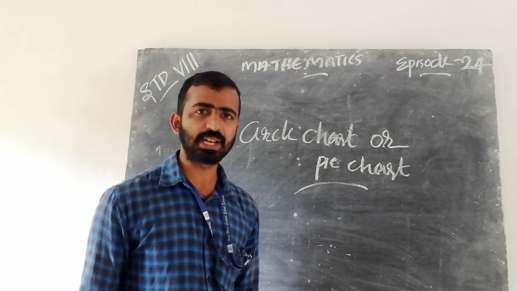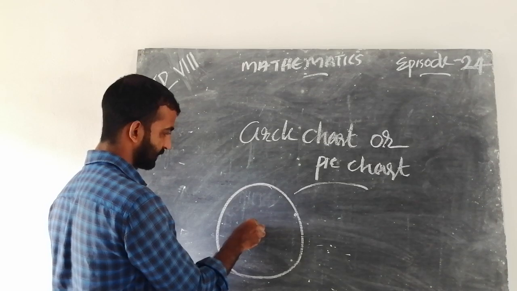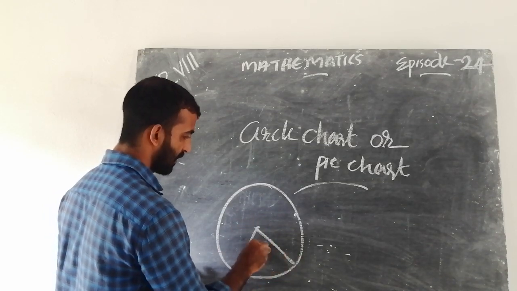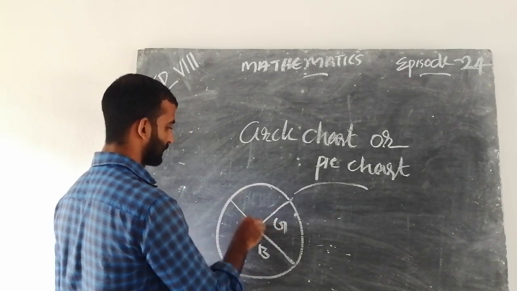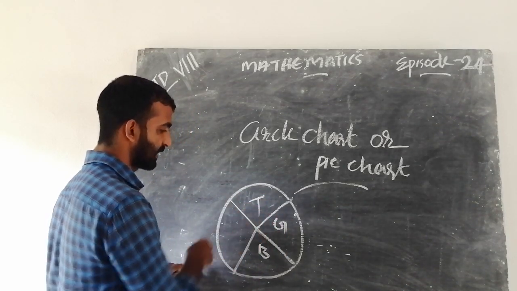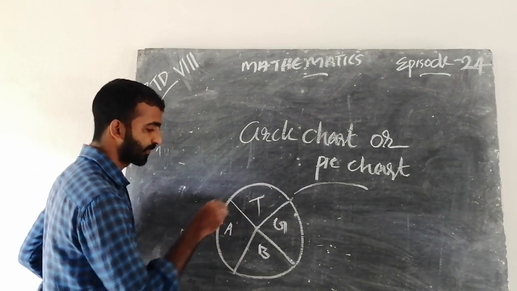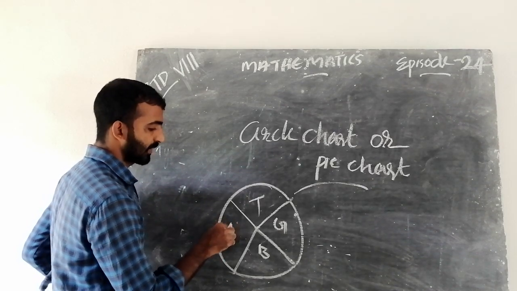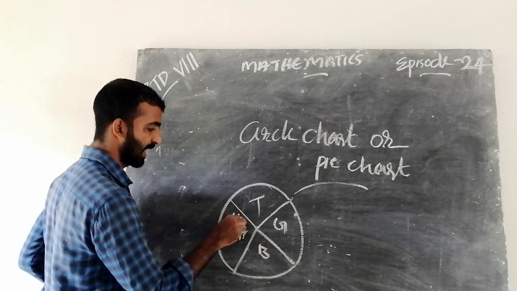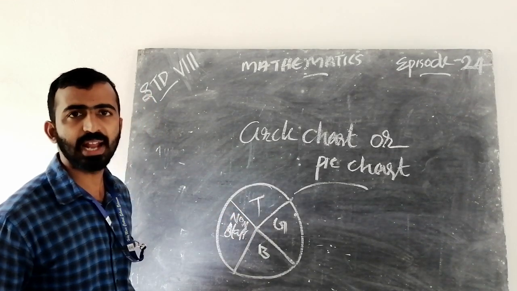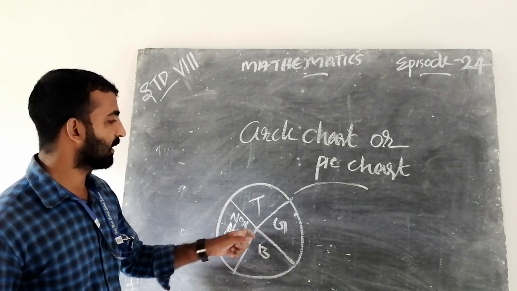Sometimes we see the circle chart or pie chart. Boys, girls, teachers and ayahs or staffs, non-teaching staffs. Is it right? Yes. We have already seen like this.